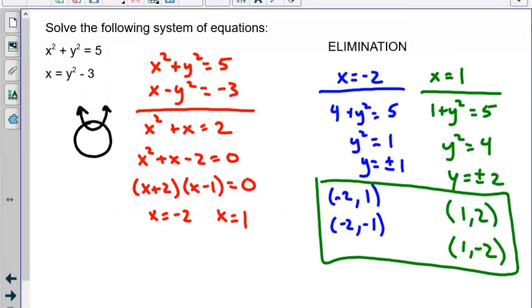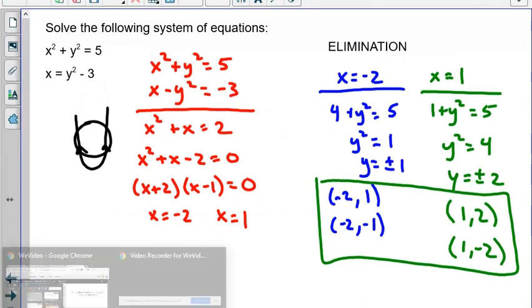We could have two solutions. We could have 3 solutions, and I should probably extend the parabola a little bit more. So we could have 3 solutions if it barely grazes the bottom and then intersects the other 2 up top. Or we could have 4 solutions, which is the case in this particular situation.